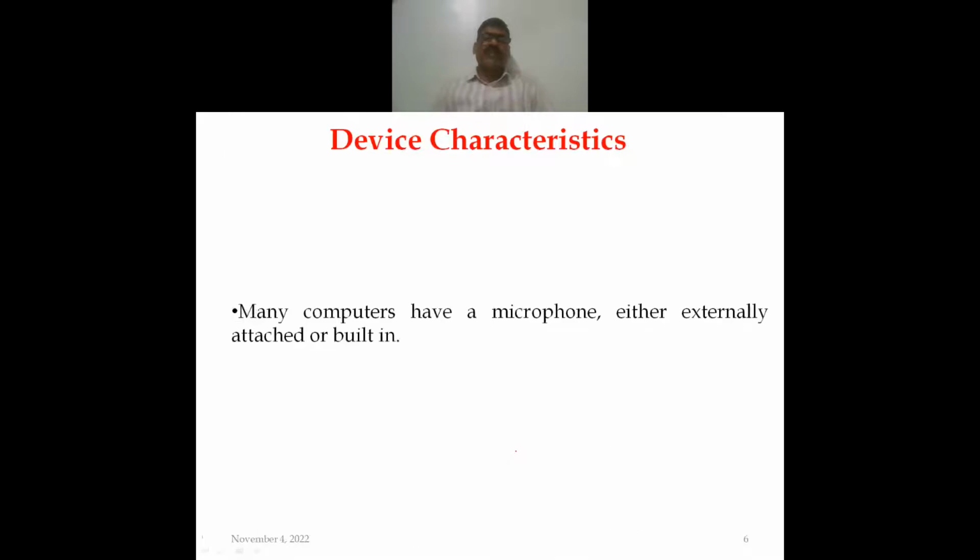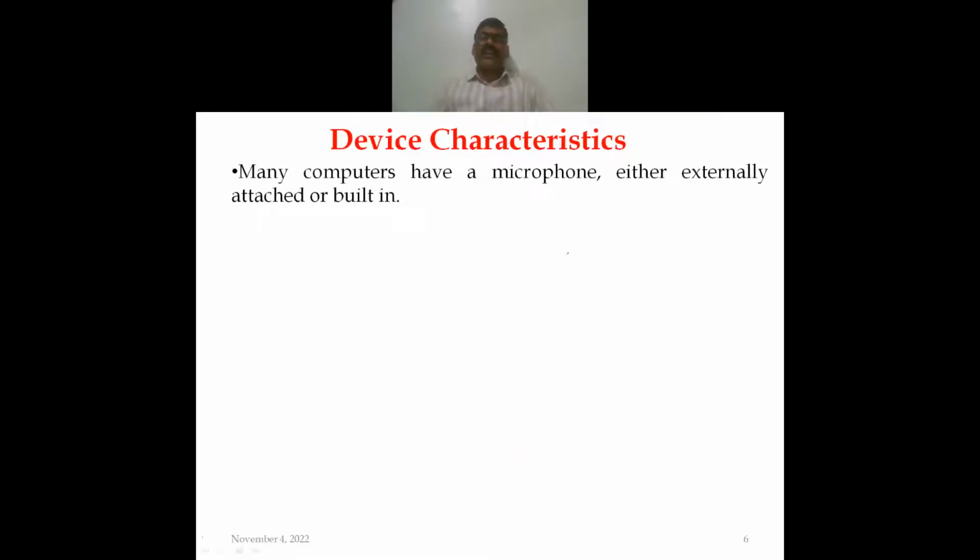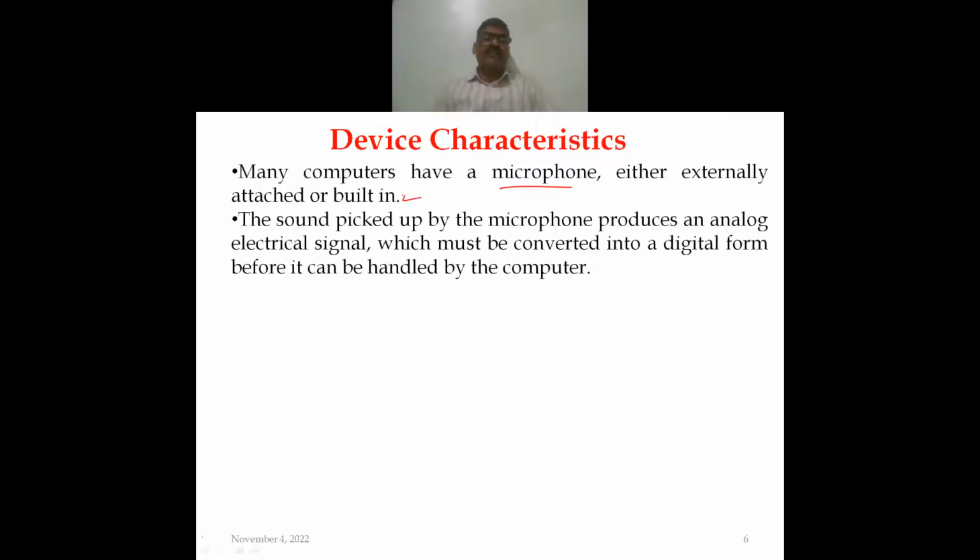Fine. That is one important thing. Many computers have a microphone, either externally attached or built in, which is used for picking up sound. That voice has to be converted into an analog electrical signal, which must be converted into digital form before it can be handled by the computer.